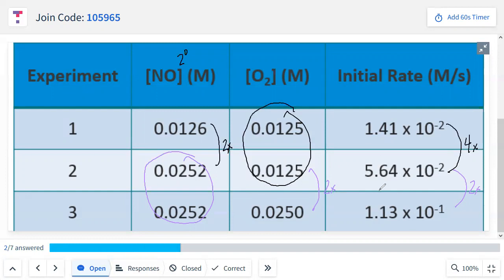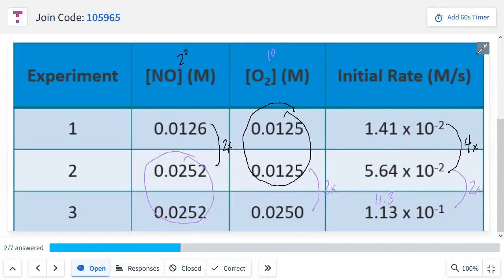So you're comparing 11.3 versus 5.6, and you can see there that that's where it doubles. So a doubling of concentration yielded a doubling of rate. That's a linear relationship. This is a first order relationship.